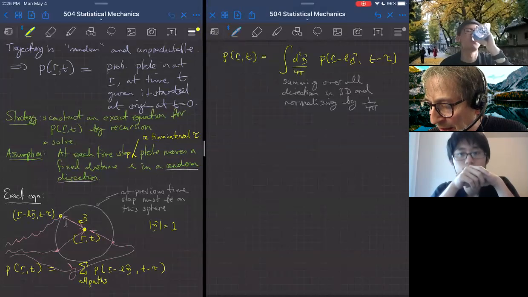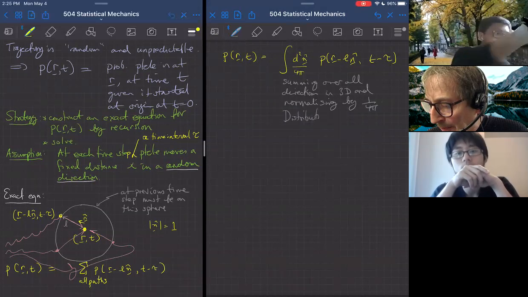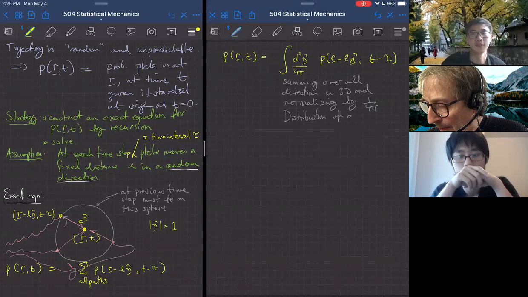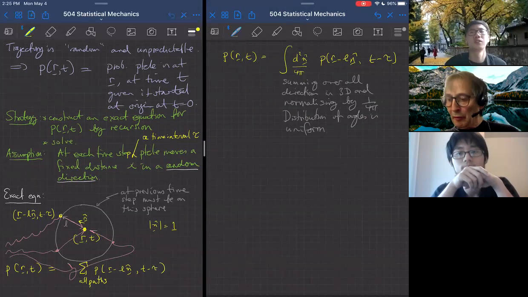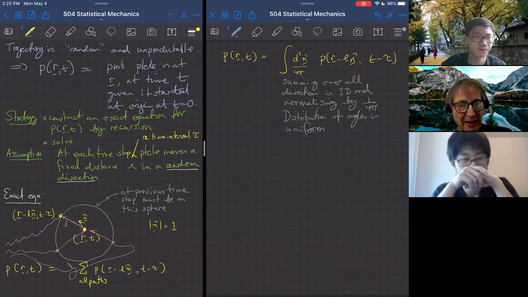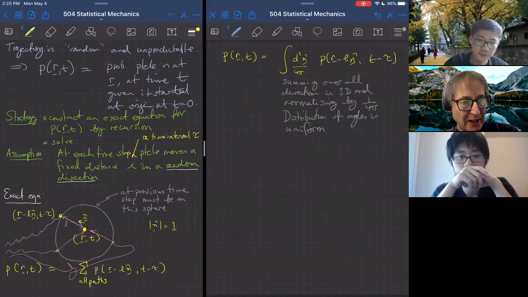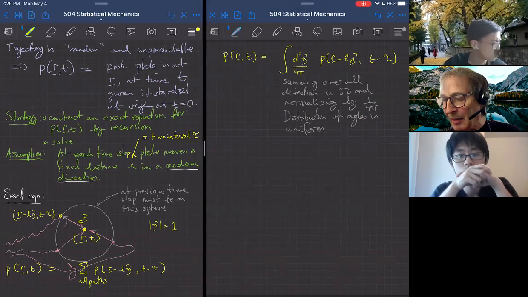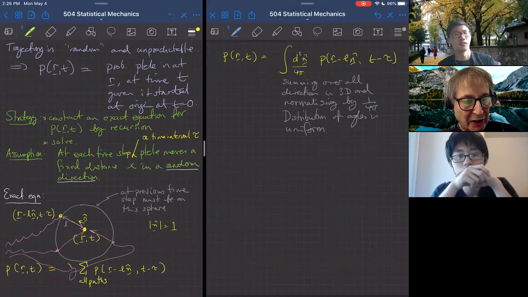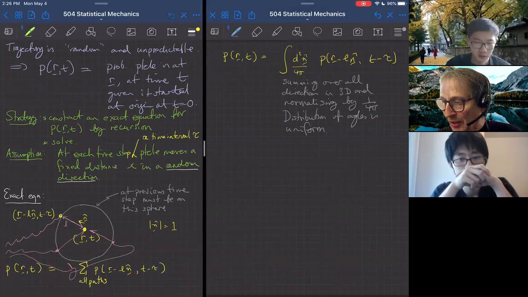And the reason is that our distribution, our angular distribution, is uniform. So that's the picture. So this is an exact equation. So once it gets to the point r, there's a 1 over 4 pi probability that it will go in the right direction, and so we get this equation.